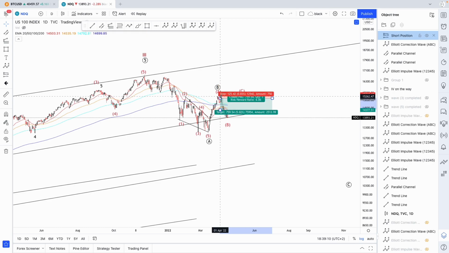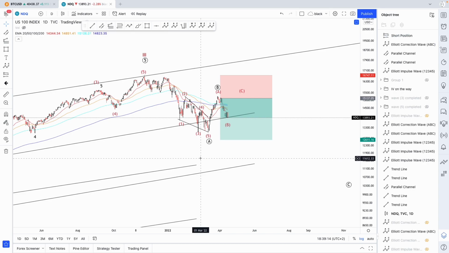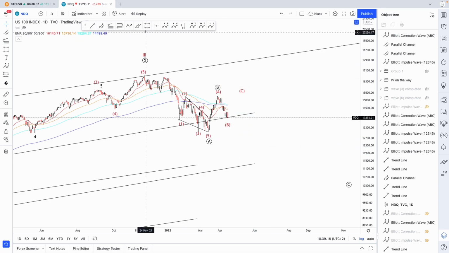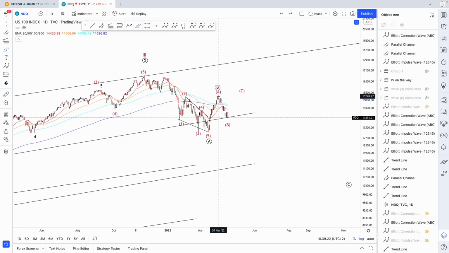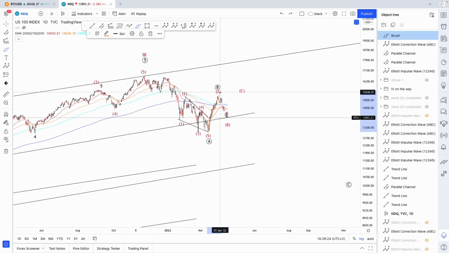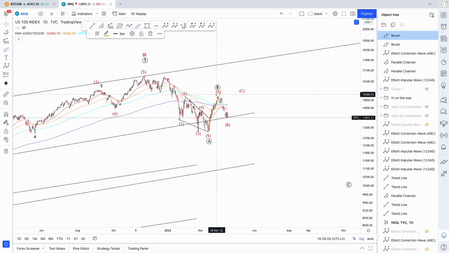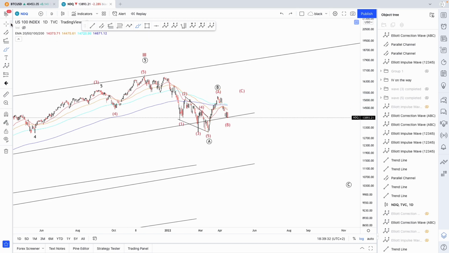Many people will say, oh, this wave B, I'm looking for further downside. However, this move up looks like a one wave move. So what do you have? You have a move to the upside, which says, okay, if I'm expecting further downside, we like to sell high. Everyone likes to sell high.